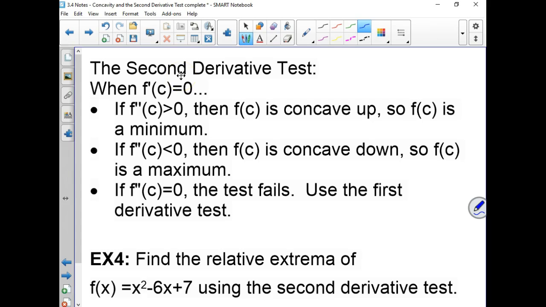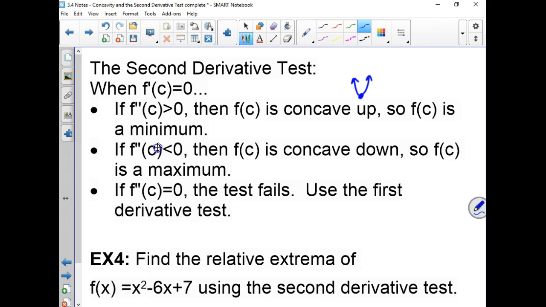So if the second derivative is positive, then the graph is concave up there. So if we have a first derivative that's 0, that tells us we have a minimum point, right? Because if it's concave up, it can't have a maximum point. It has to have a minimum point.